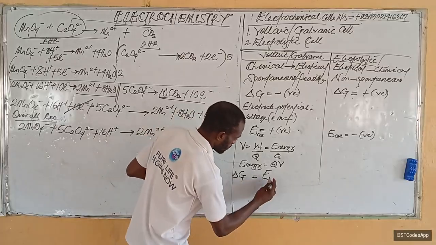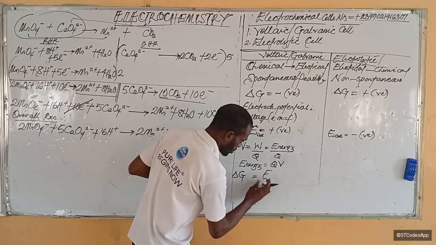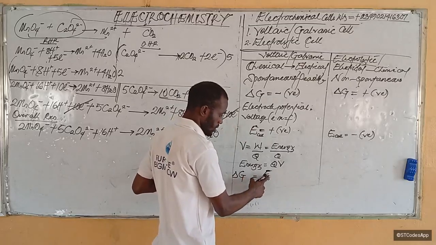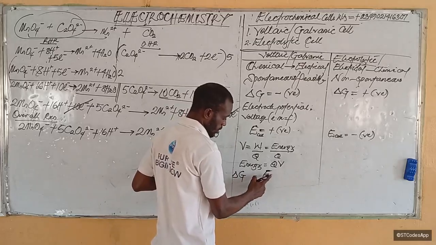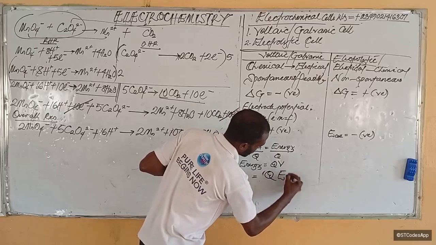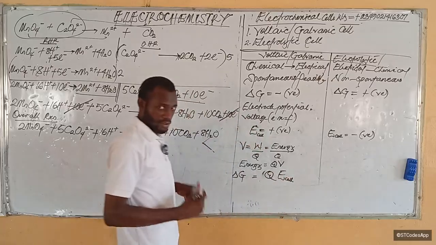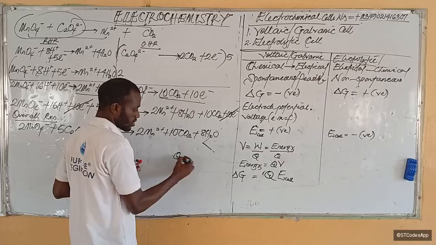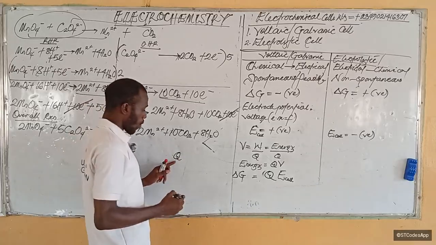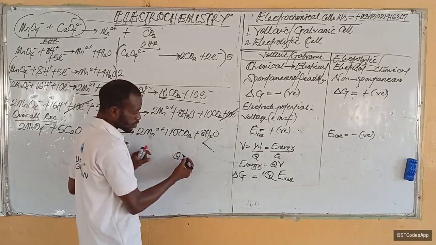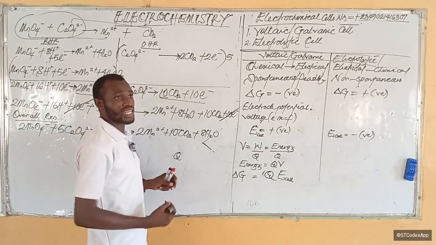So the change in Gibbs free energy is equal to Q times this V, which is now our E cell. Are you following? Now remember that Q is quantity of charge, or quantity of electricity, and that is talking about how much Faraday is used up.